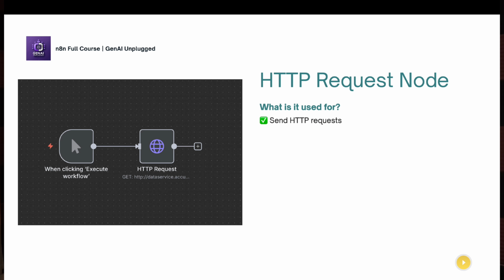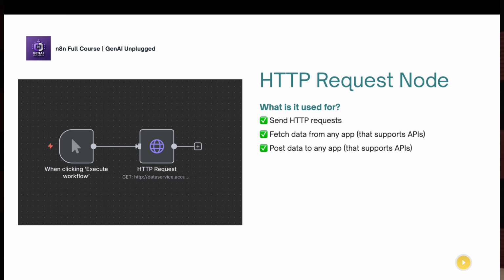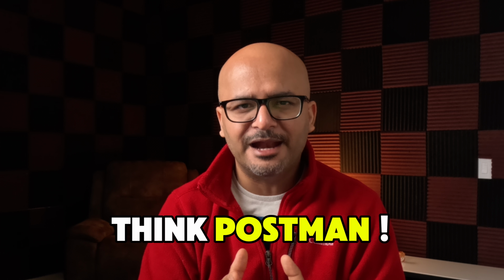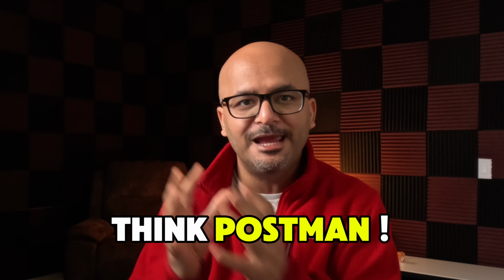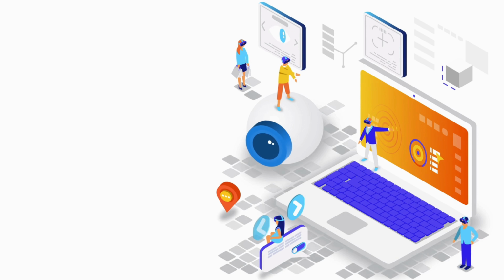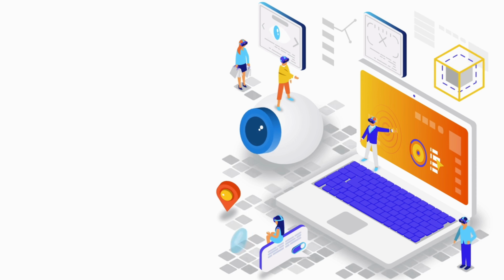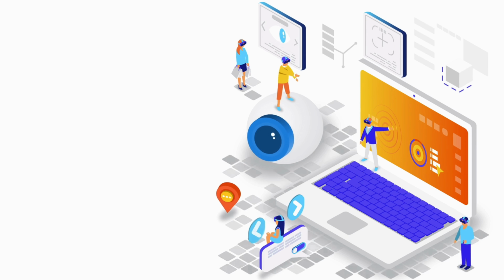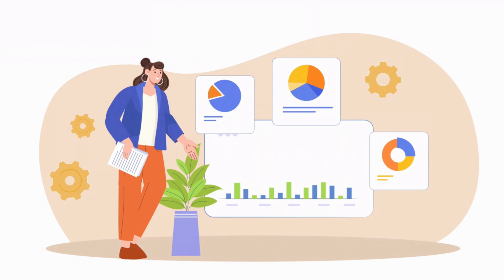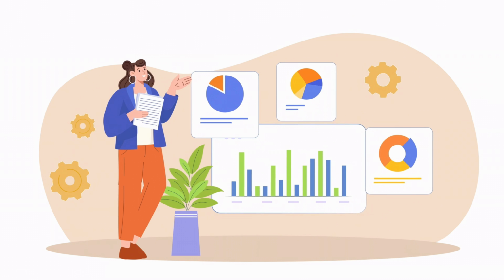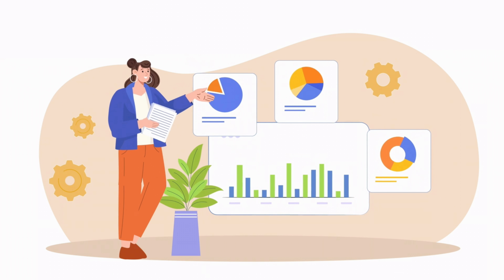So what is this HTTP node or HTTP request node? HTTP request node lets you make HTTP requests, fetch data from any application, post data to any application, and interact with external services with a REST API. It's a built-in API client, much like Postman, in n8n, and it is very useful when there is no direct integration or inbuilt node available in n8n for the services or application you are trying to build that workflow or integration with.